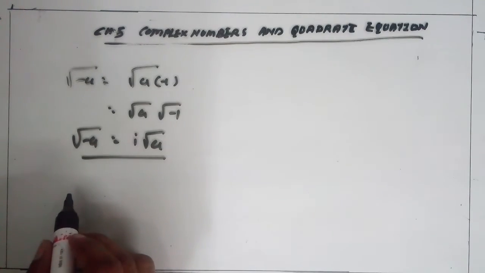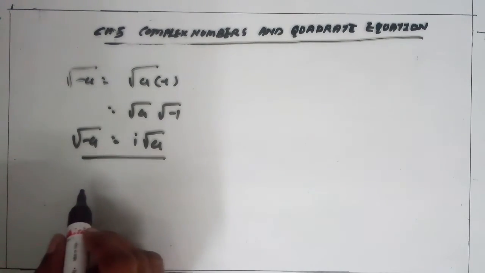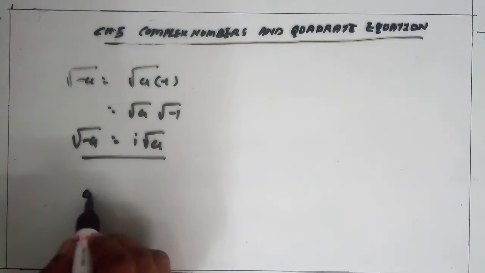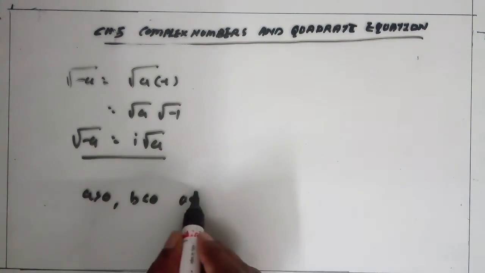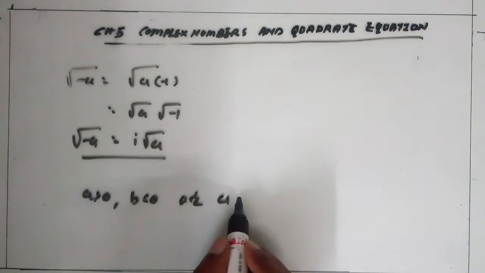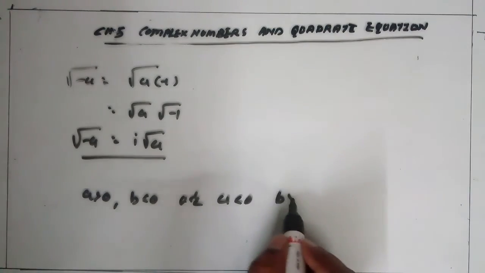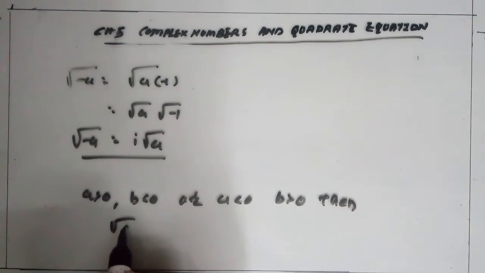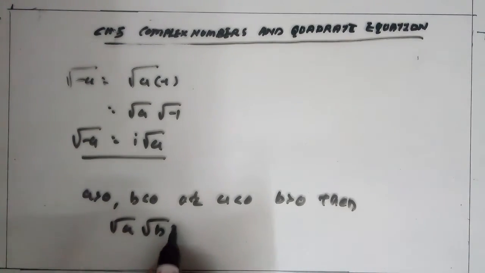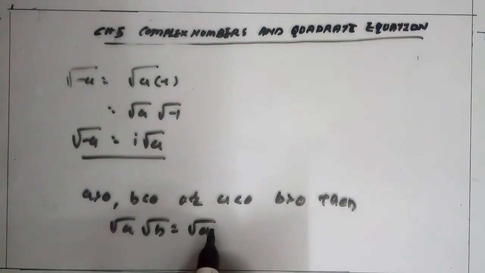Now for real numbers a and b, a greater than 0, b less than 0, or a less than 0, b greater than 0, then root of a into root of b is equal to root of ab.